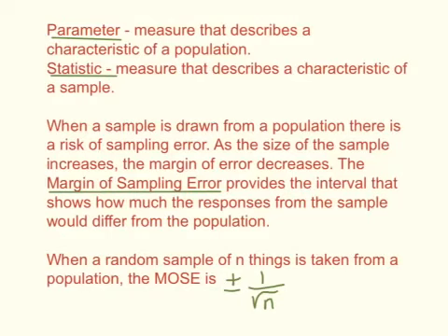And when you collect that data, and when you take a small sample from the population, it means you're not going to be asking everybody. There's a risk of sampling error. As the size of the sample increases, the margin of error decreases. So if you just ask two people what their favorite song is, then you may get the same song, and therefore you would predict that everybody likes that song.